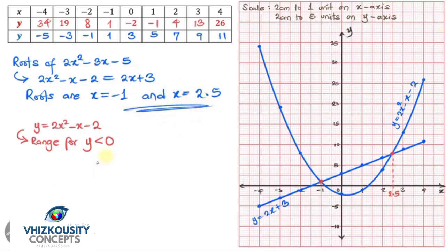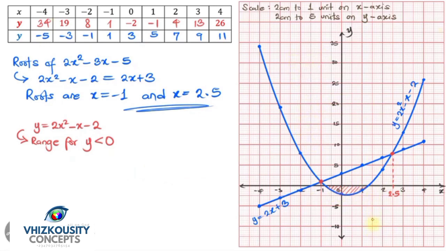But that's not all. For the graph, we also have to find the range for which y is less than 0 for the quadratic. And in that particular case, if we are to look at it, these are the points where y is actually less than 0. You can see up here we have the positive values of y. Y is greater than 0 there.